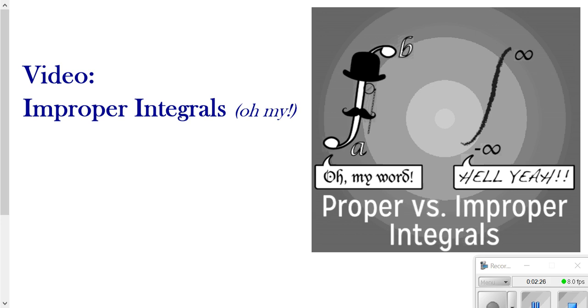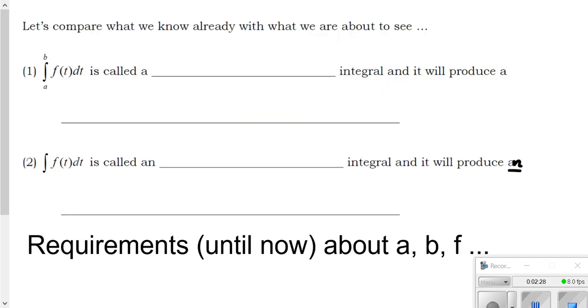Improper integrals occur because we're defining things that we normally define in a certain way as not the way we usually define them, right? So you might not have realized before that there are certain requirements to the kinds of functions that we have been working with and the kinds of bounds that we've been working with when we've been looking at definite integrals.